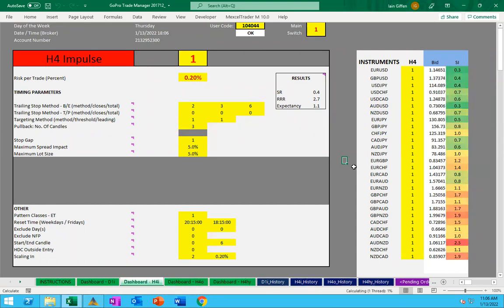What we have done in the Trade Manager is provide the facility for you to get the Trade Manager to increase the position size of trades once certain conditions have been met.